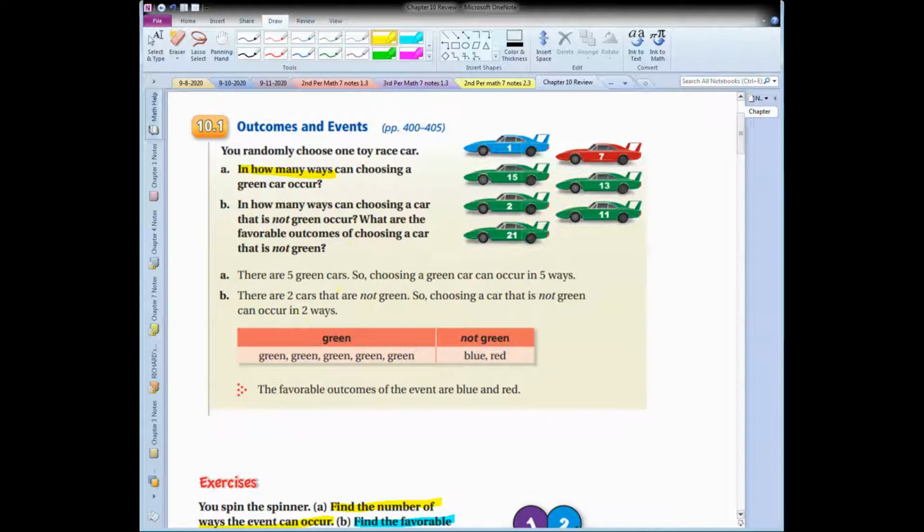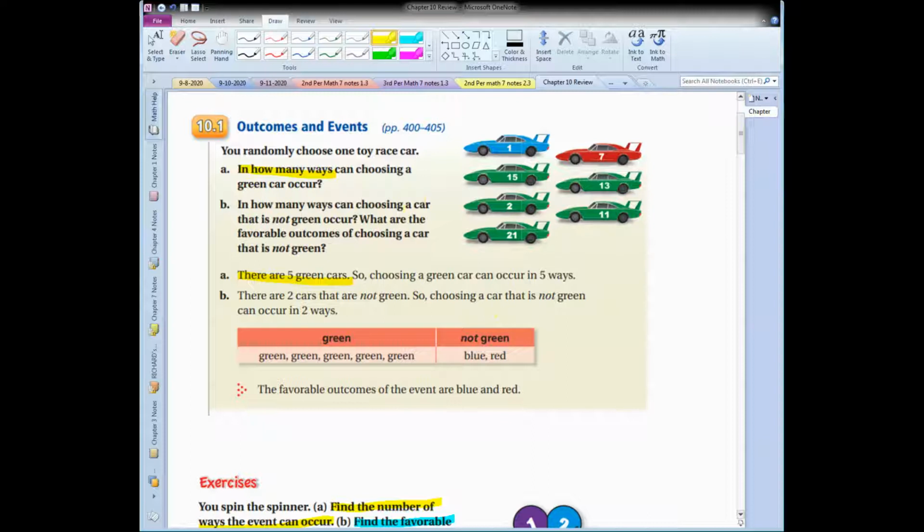For this first problem, how many ways can you choose a green car? Well, there's 1, 2, 3, 4, 5. You can just count them. So there are 5 different ways you can choose a green car.